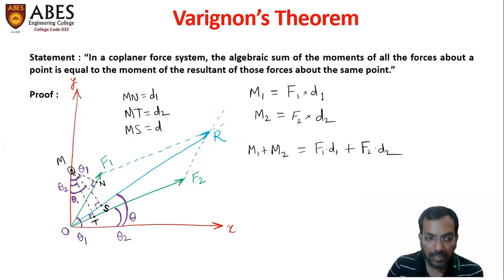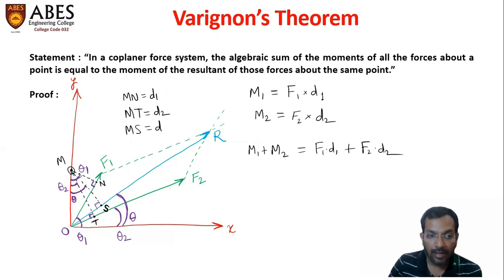Now, please consider these triangles one by one. We will consider the triangles MOT and MNO. D1 is what? MN. Now, MN can be written in terms of MO. Please consider the triangle MON once again. This right angle triangle, this angle is theta 1, and this is D1, the length of MN.